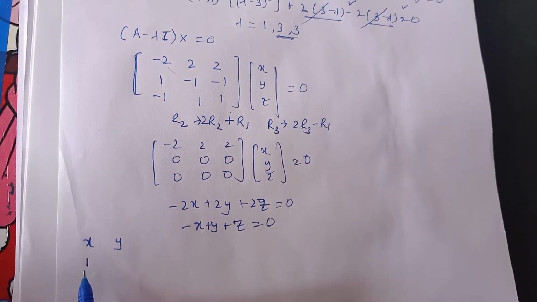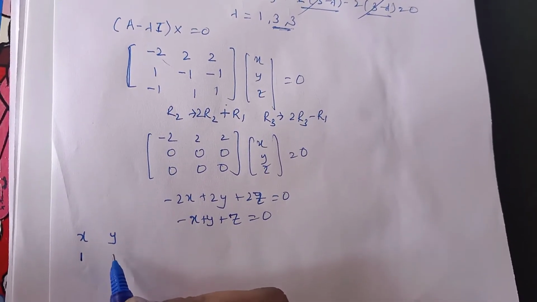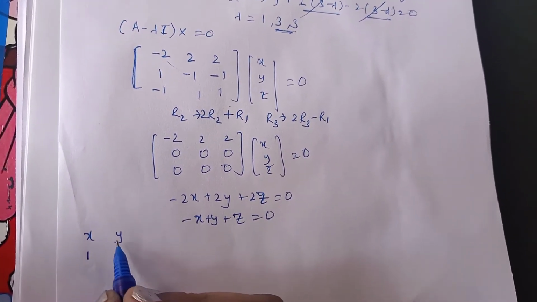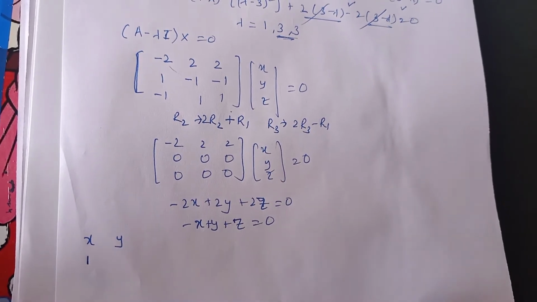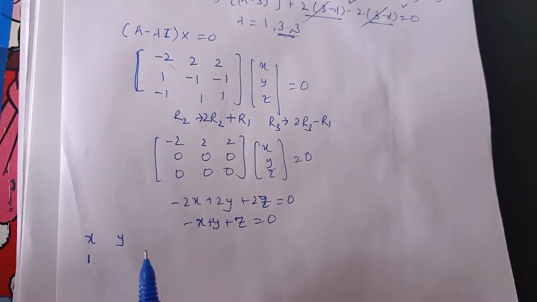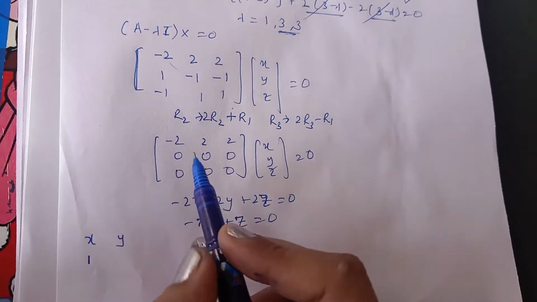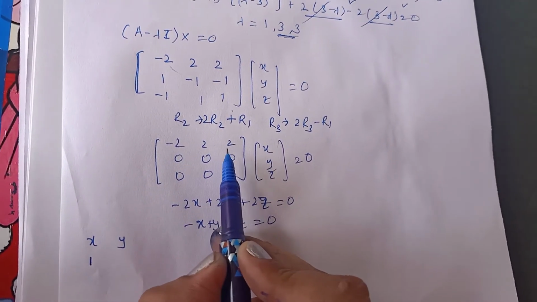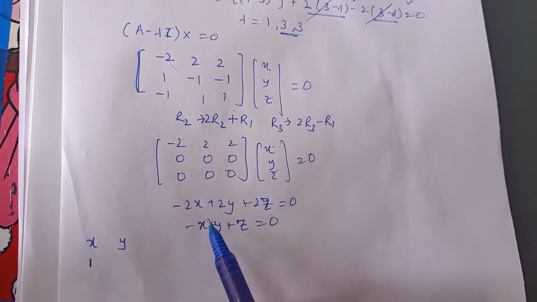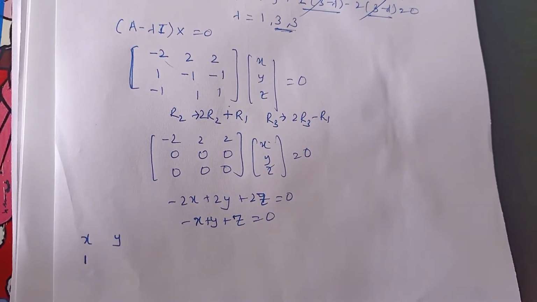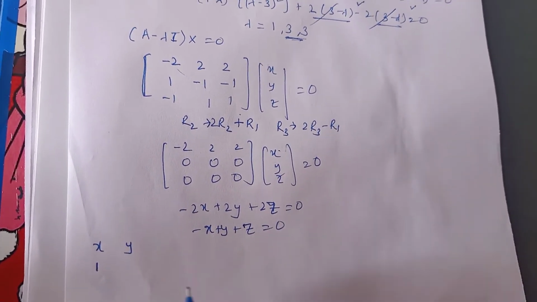You can choose y and z also, or x and z also, any 2 variables. But you have to choose 2 variables because the rank here is 1 and unknowns are 3. So from one equation you have to obtain 2 eigenvectors.